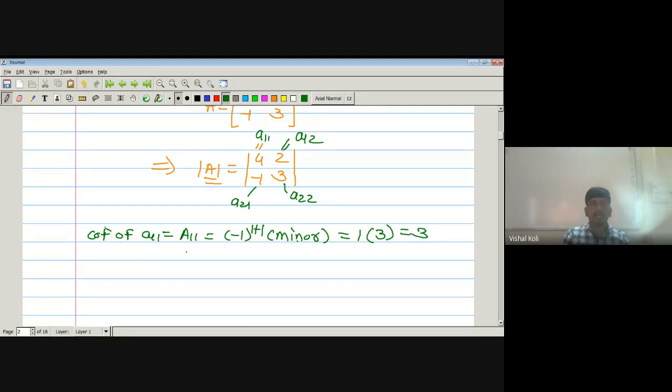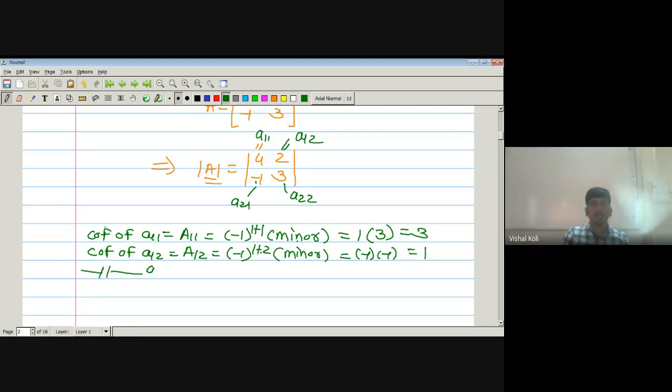Similarly, the cofactor of A12, denoted by capital A12, is minus 1 to the power 1 plus 2 into its minor. A12 is the element present in the first row and second column, that is element 2. Suppress that row and column, then its minor will be minus 1. And minus 1 to the power 1 plus 2 is minus 1 into minus 1, which is equal to plus 1.